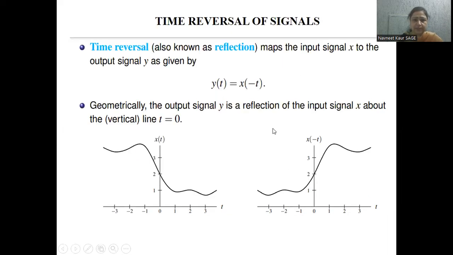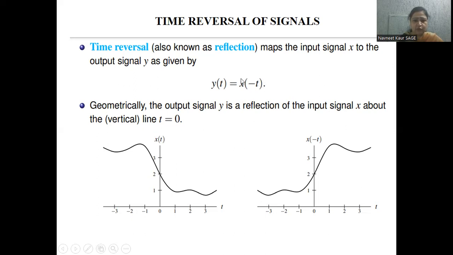Now, next operation is the time reversal of the signal. If I want to obtain the time reversed version of any signal, then I will take the mirror image of that signal. That means y(t), which will be the time reverse signal, will be given by x(-t).